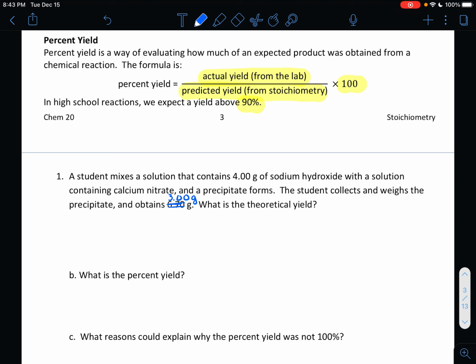All right. So for this, it's going to be stoichiometry. So remember the 4 steps of stoichiometry. The first one is a balanced equation. And so we are going to be mixing sodium hydroxide with a solution containing calcium nitrate.